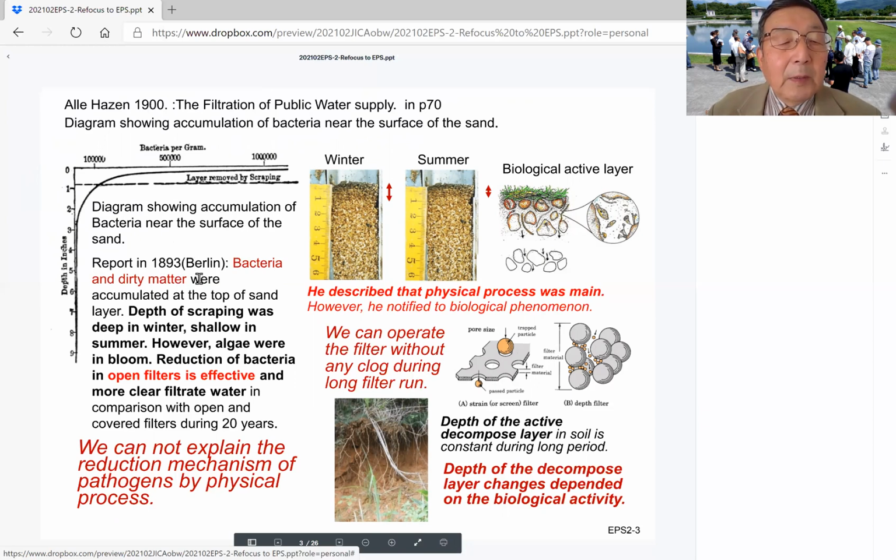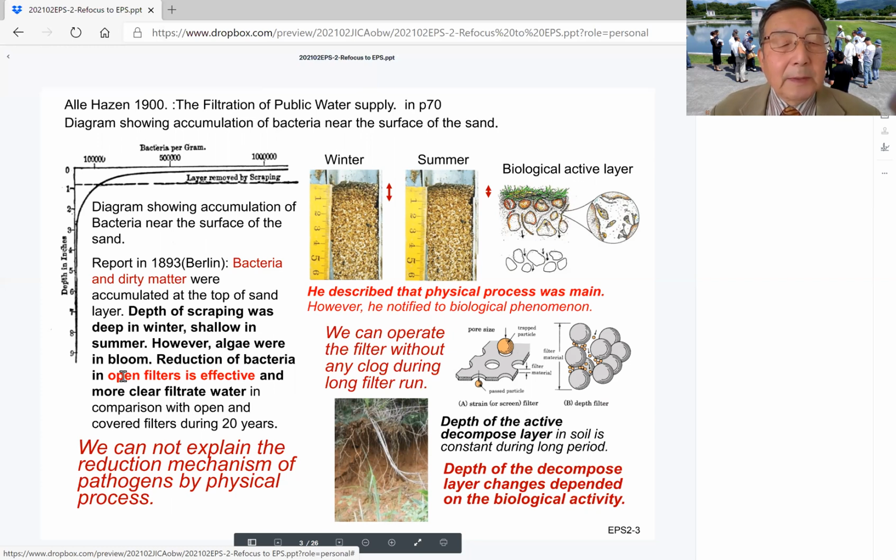Bacteria and dirty matter were accumulated at the top of the sand layer. The depth of scraping was deep in winter, shallow in summer. However, algae were in bloom.